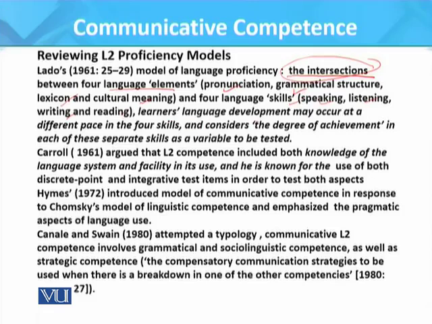Learners' language development may occur at a different pace in the 4 skills, and Lado considers the degree of achievement in each of these separate skills as a variable to be tested. So the important aspect to be understood is the degree of development that occurs at a different pace in the 4 skills, and the degree of achievement is something which needs to be tested.